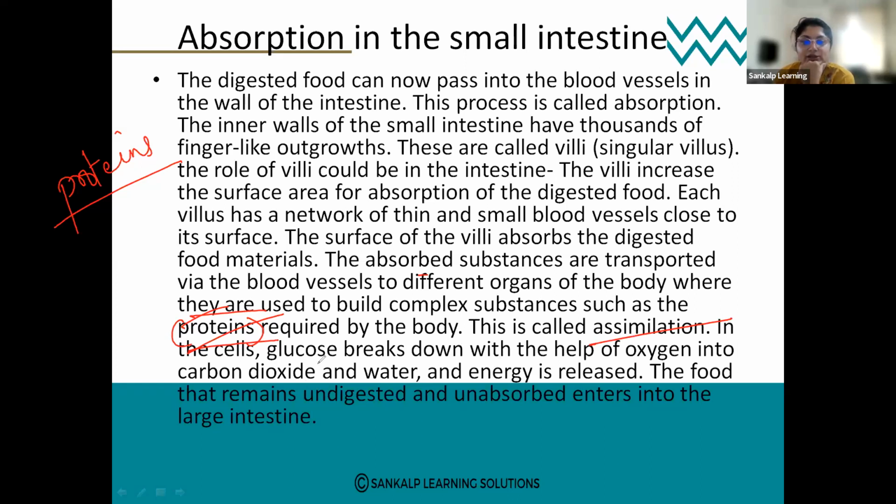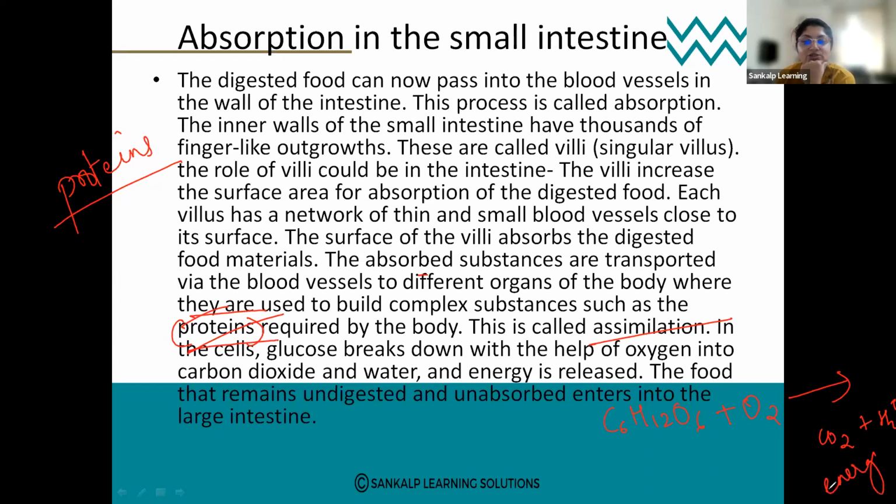In the cell, the glucose breaks down with the help of oxygen into carbon dioxide and water. C6H12O6 is glucose. Glucose breaks down with the help of oxygen to give you carbon dioxide plus H2O, and energy is released.